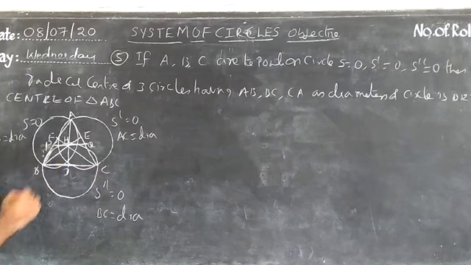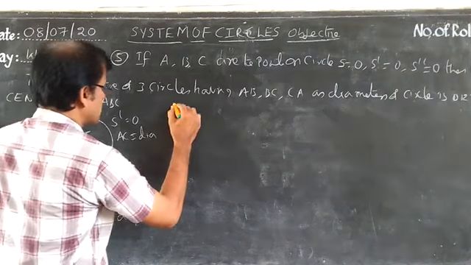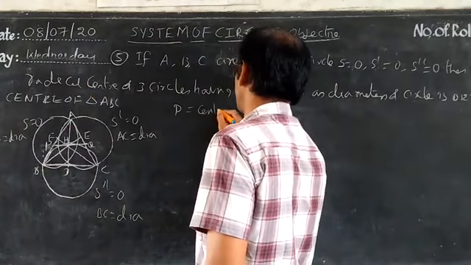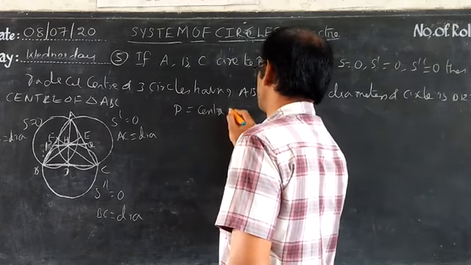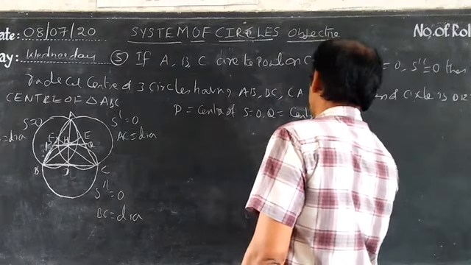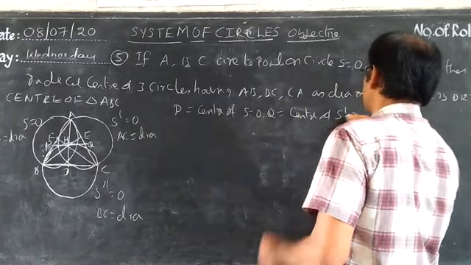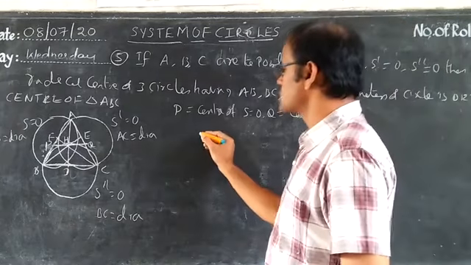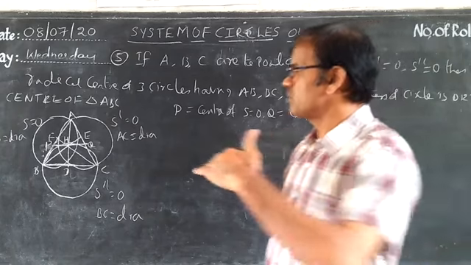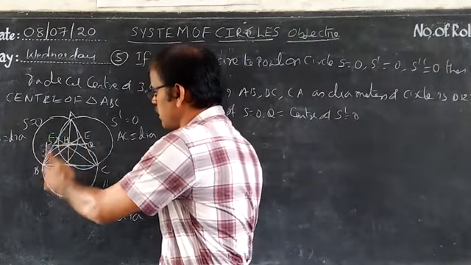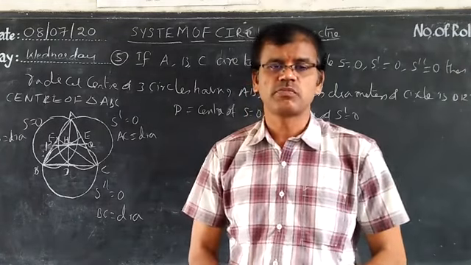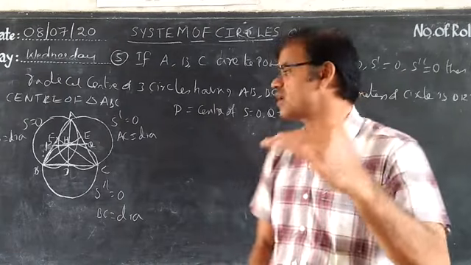P is the center of the first circle S equal to 0, and Q is the center of the second circle S dash equal to 0. Whenever AB is a diameter and AC is a diameter, we know the diameter is the longest chord passing through the center point, which is the midpoint.